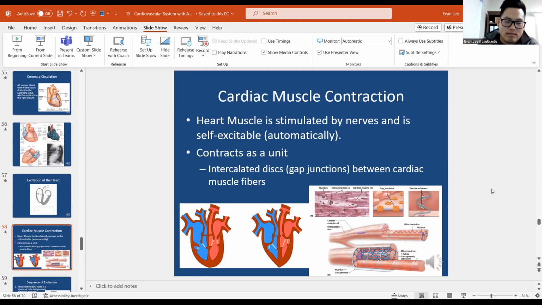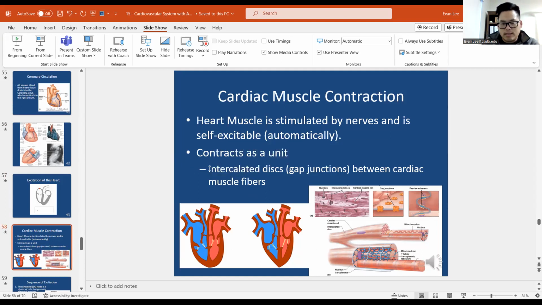Something that you may have forgotten is that cardiac muscle is a little different from skeletal muscle. It is definitely fibrous still, but it is also Y-shaped. Furthermore, it is a little bit shorter, but interconnected by structures called intercalated discs.